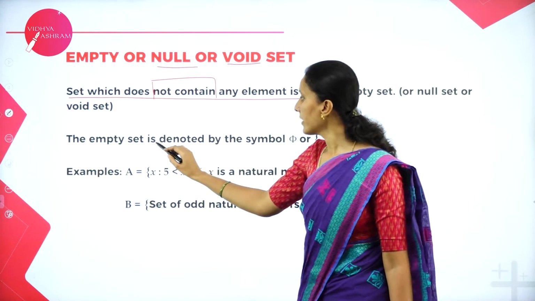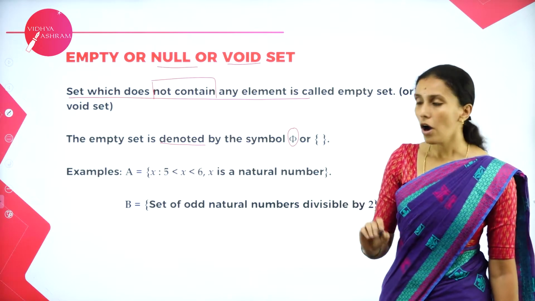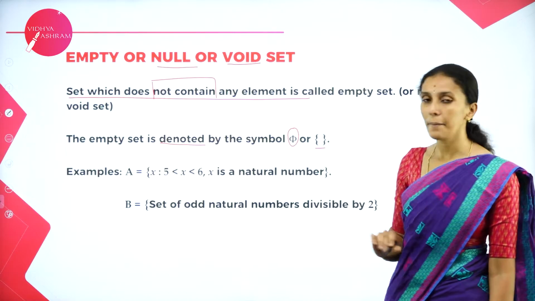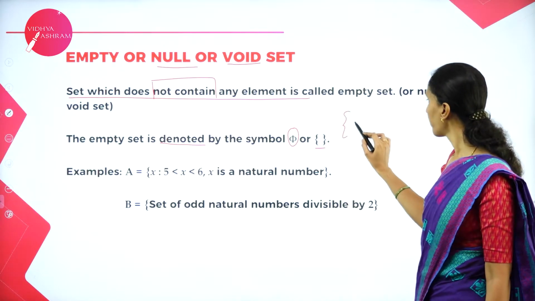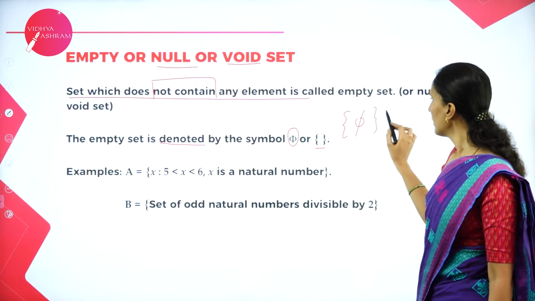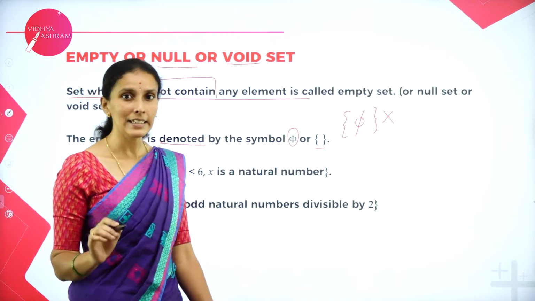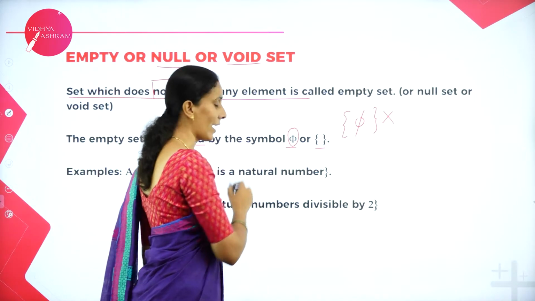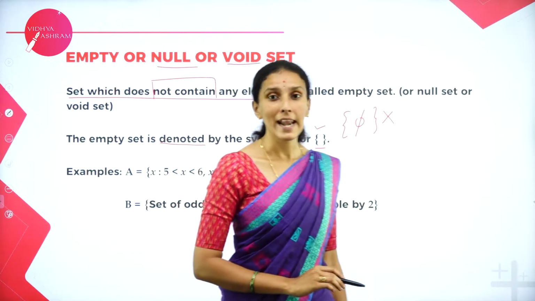And it is always denoted by the symbol, a Greek letter called phi, or you should use the symbol with empty braces. Do not write like this. This is not how we denote empty set. Either you should write the symbol phi or you should write empty braces to denote a null set.